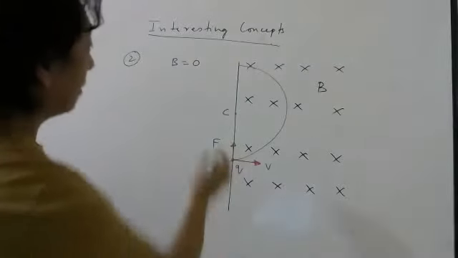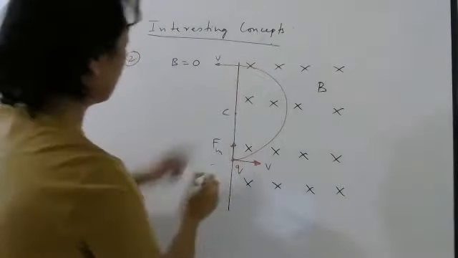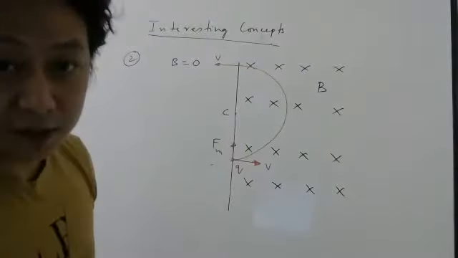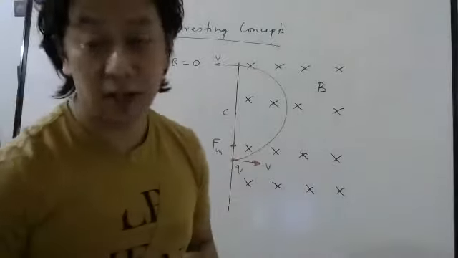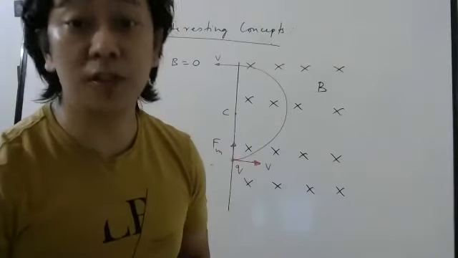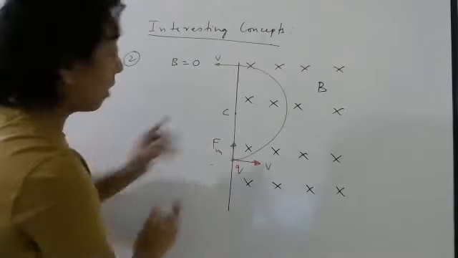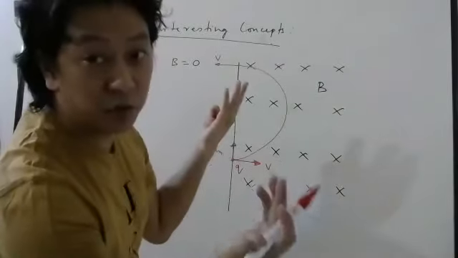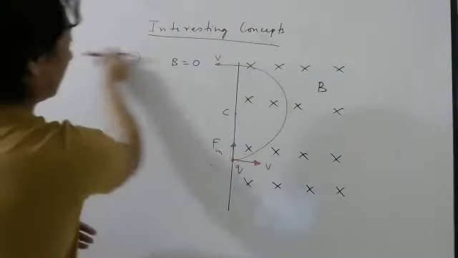But once it reaches here, it will come out straight. Understood or not? Basically, it will not be able to complete the full circle. Why? Because there is no magnetic field here. Once it comes out, there is no force, so what did Newton tell? He told it will move in a straight line.